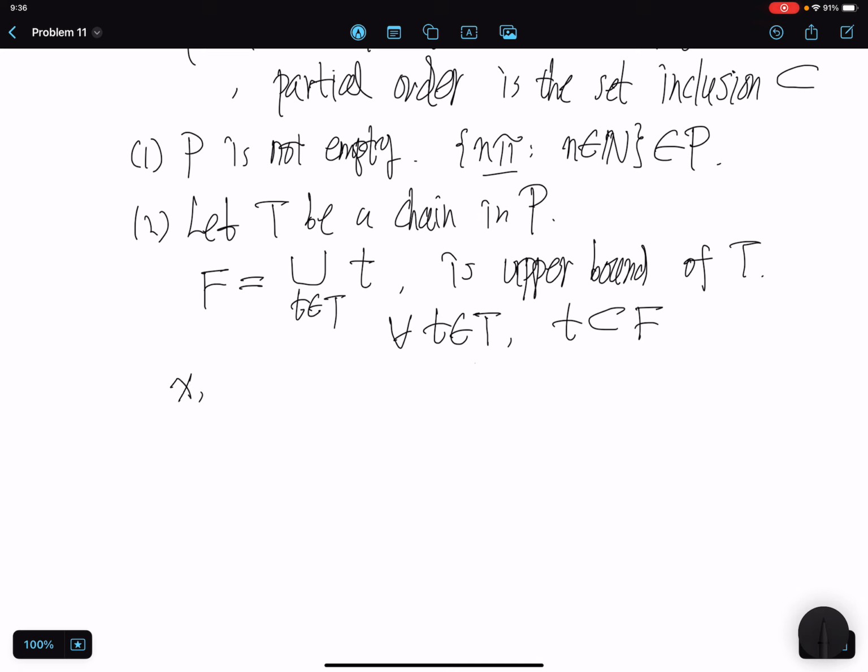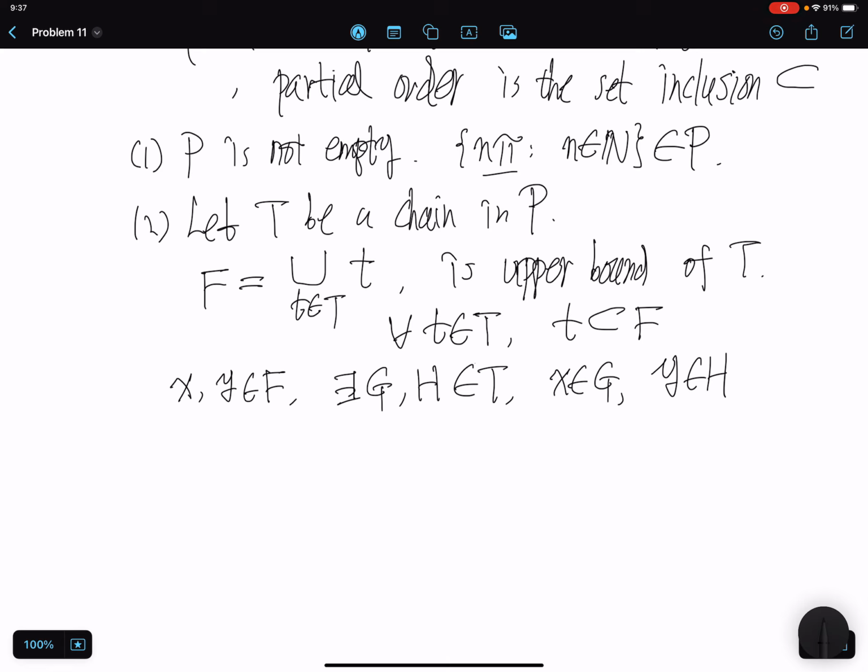Because if x and y are in F, there exist G and H in T such that x is in G and y is in H. But since T is totally ordered, G and H are comparable.